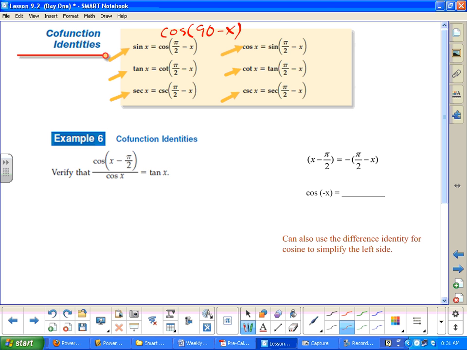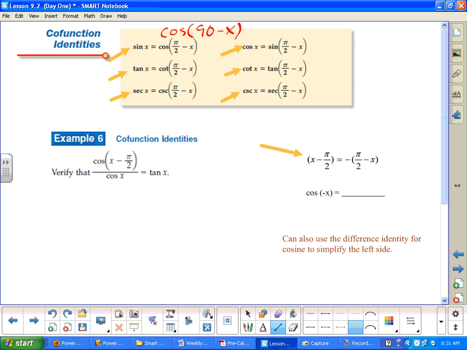Now, if we're talking about co-function identities, this is backwards. This says x minus pi over 2, not pi over 2 minus x. So what we can do is think of it as here, that the x minus pi over 2 is equal to the negative of pi over 2 minus x. So then we're looking at the cosine of a negative angle.